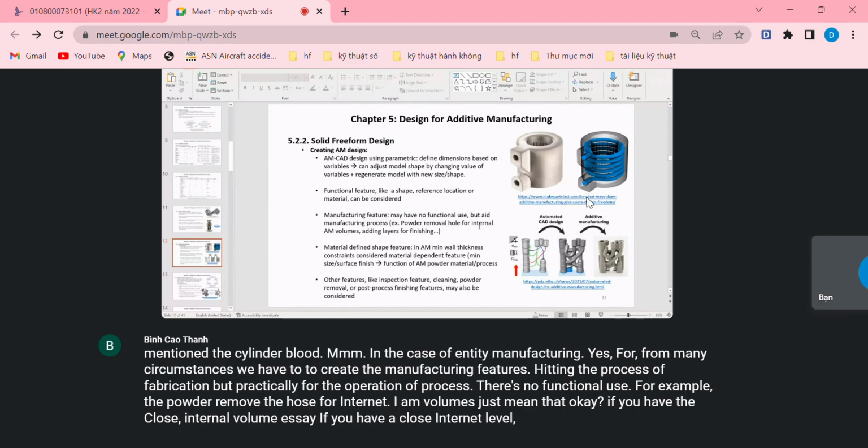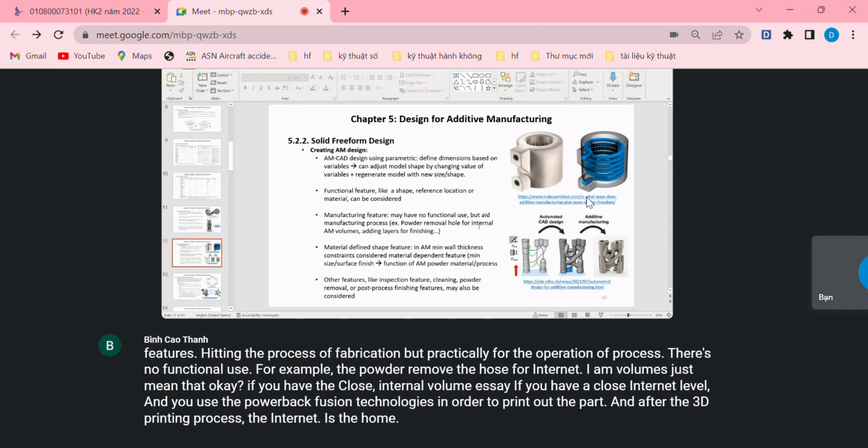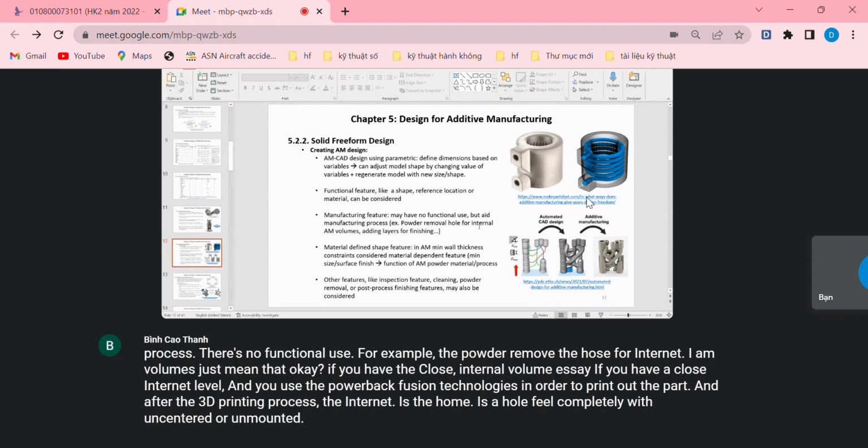and you use powder bed fusion technologies in order to print out the part, after the 3D printing process, the internal volume is filled completely with unsintered or unmelted powders. Because you use powder bed fusion, the powder will cover layer by layer.